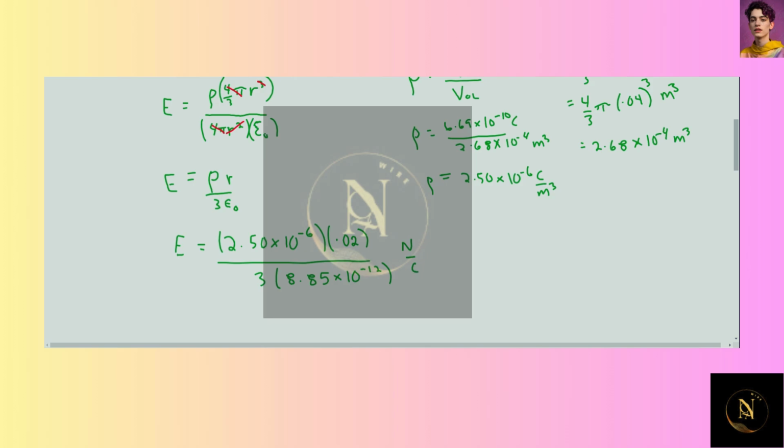Let me check one more time. And we get almost 2,000 newtons per coulomb. And there's an example with Gauss's law.